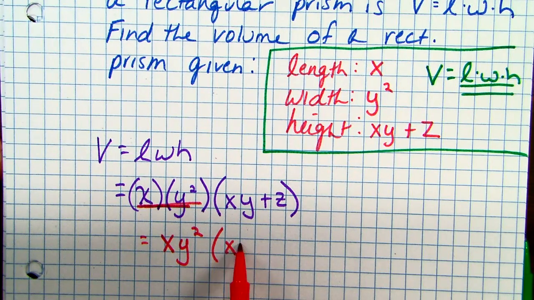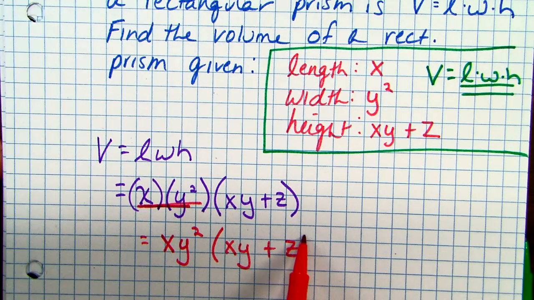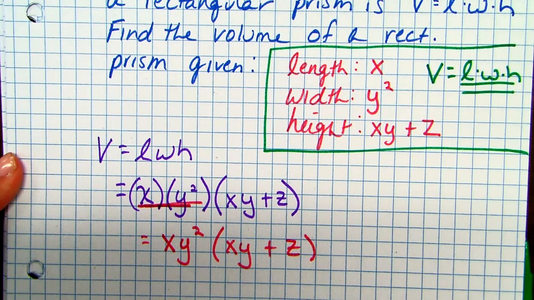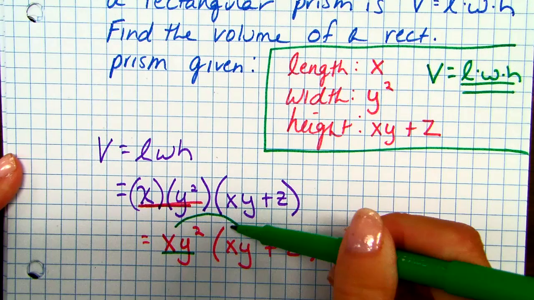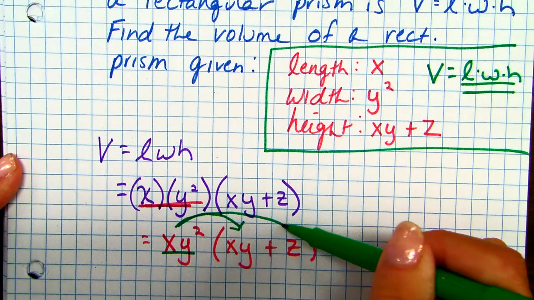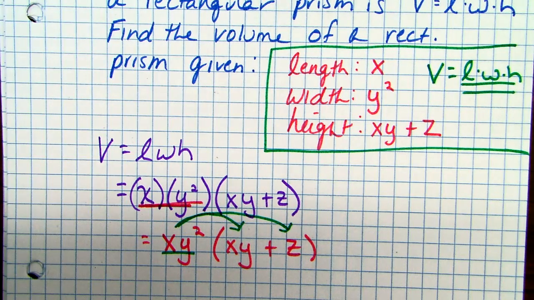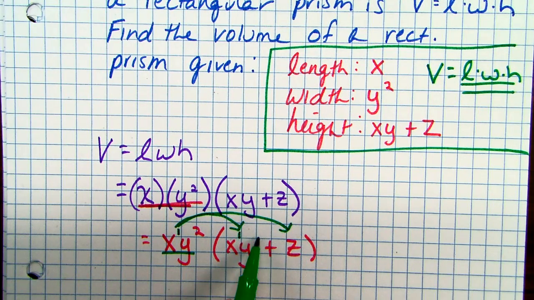And then we can distribute it to this binomial. So we would do xy squared to each of these terms. Okay, so now we're multiplying, we add our exponents. If it helps you to put ones on these so you don't forget about them, feel free to do that.